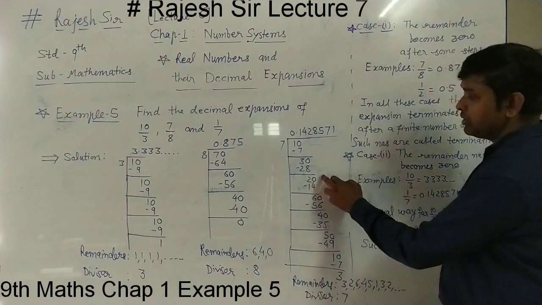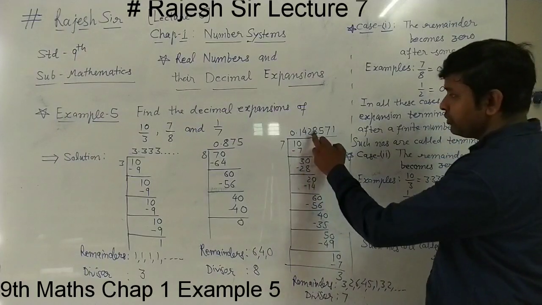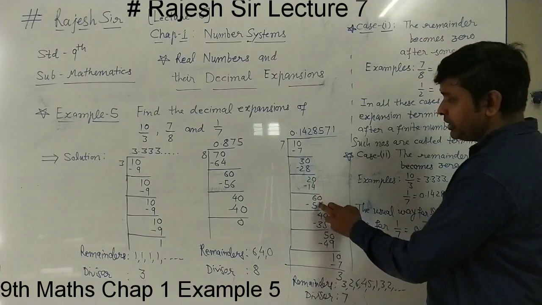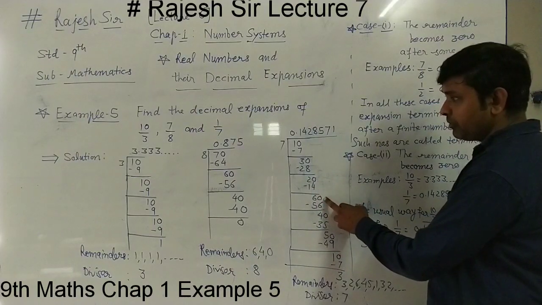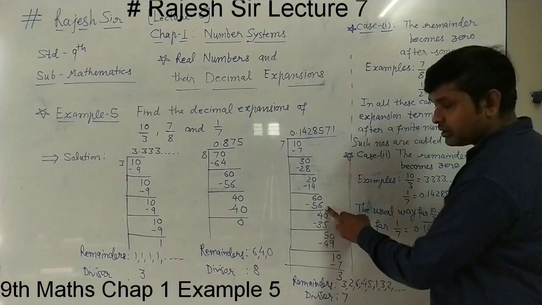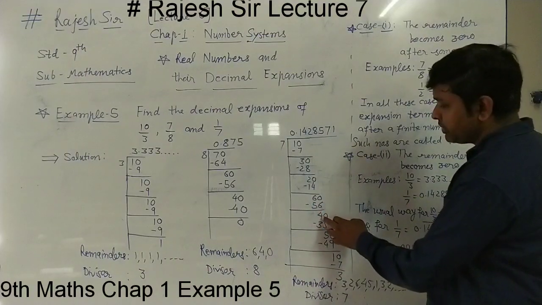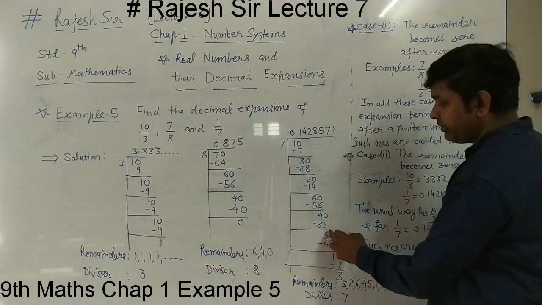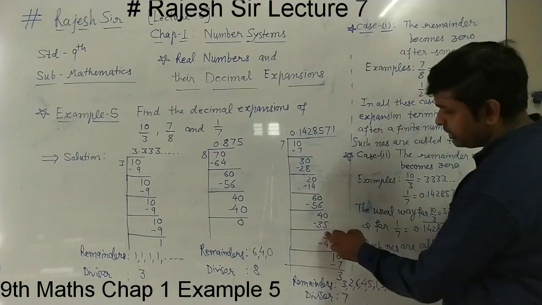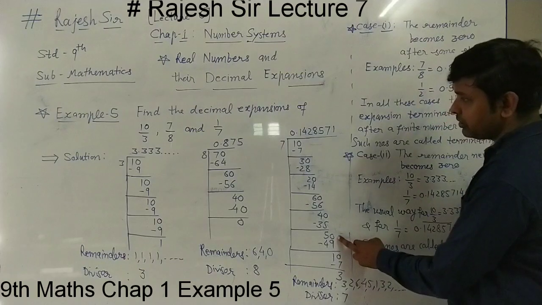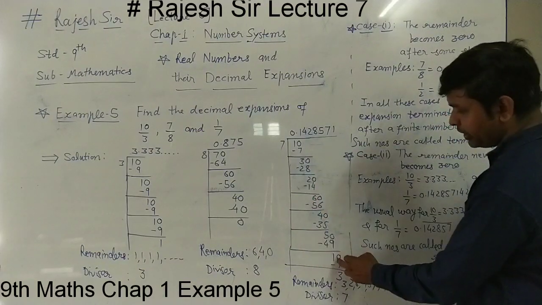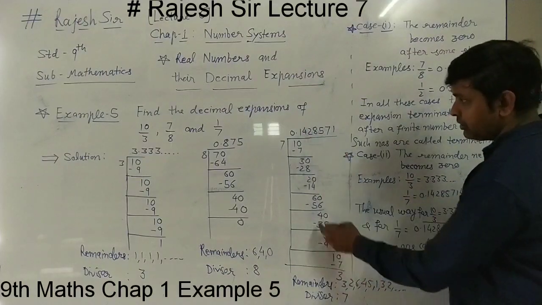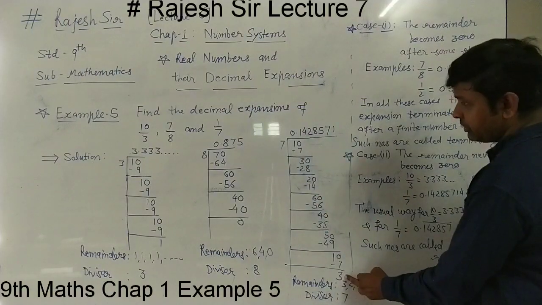Then 0 you can put, 7 2s are 14, 20 minus 14, 6 remainder. 0 we can put, 7 8s are 56, 60 minus 56, 4 remaining. 0 we can take, 7 5s are 35, 40 minus 35, 5. 0 we can place, 7 7s are 49, 1 remaining. We can put 0 because of the point, 7 1s are 7, 3.